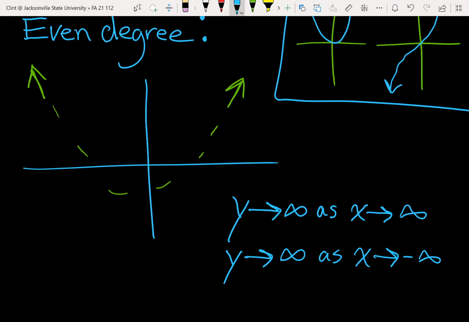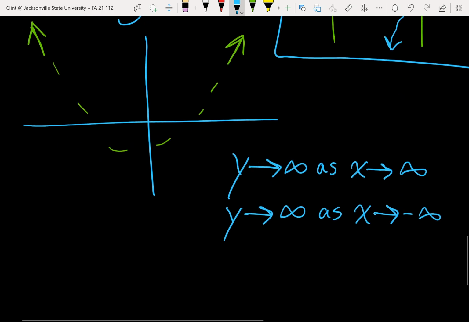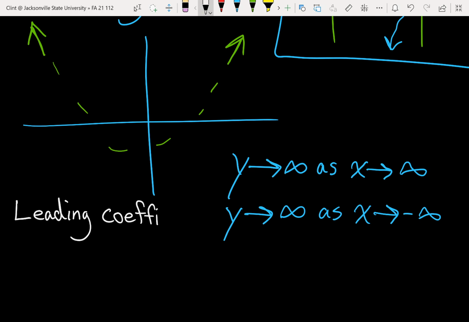And that happens in the situation just like we have with x squared. So that happens if our leading coefficient is positive.